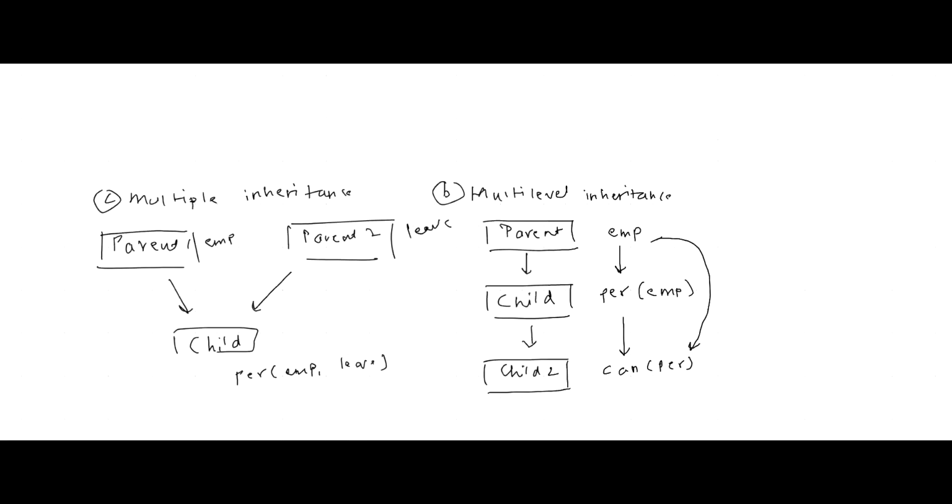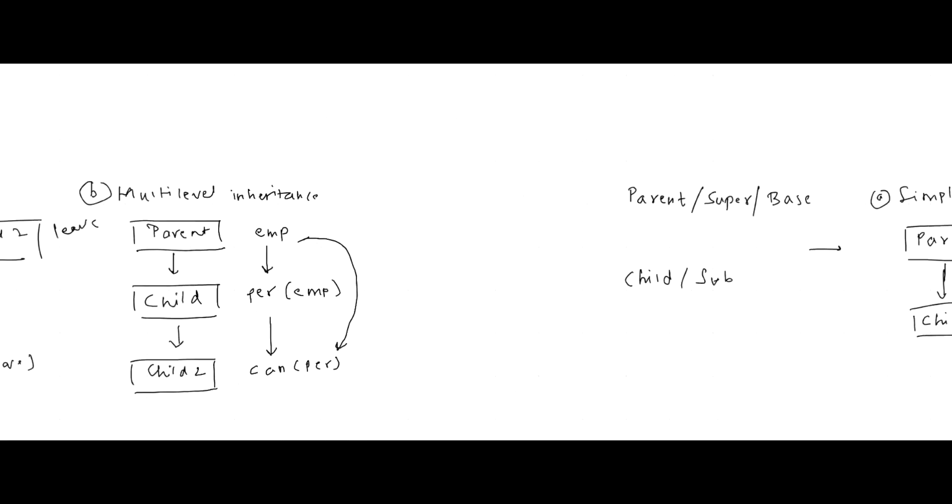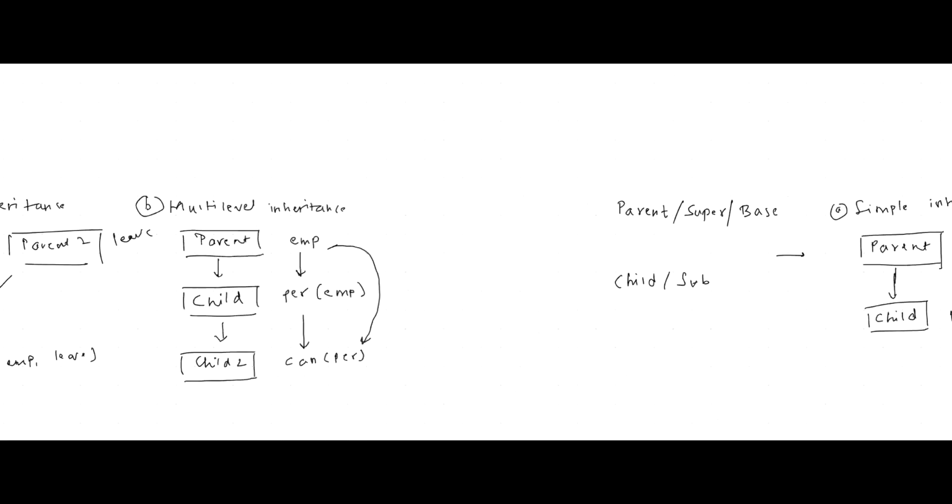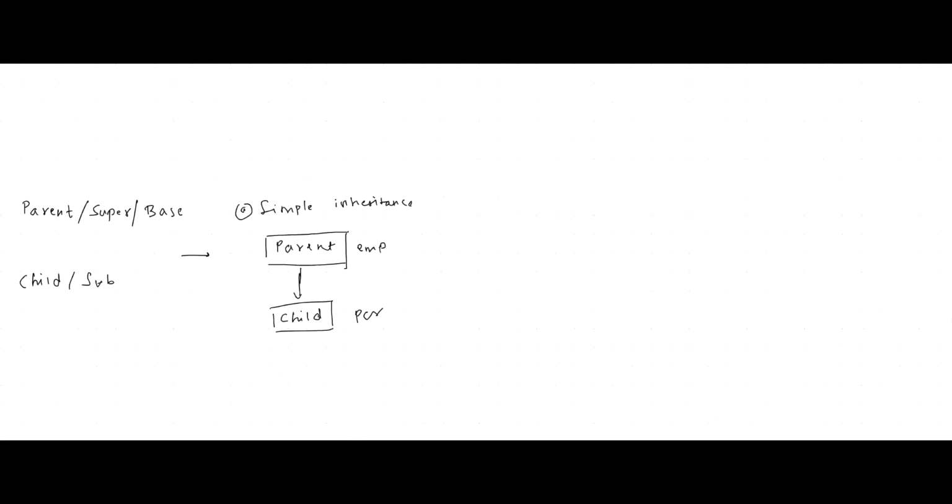And then finally, what you have is called hierarchical inheritance, which we have already seen. Okay, let me write it down here for your case. We have hierarchical inheritance, not clusterings, excuse me for that.